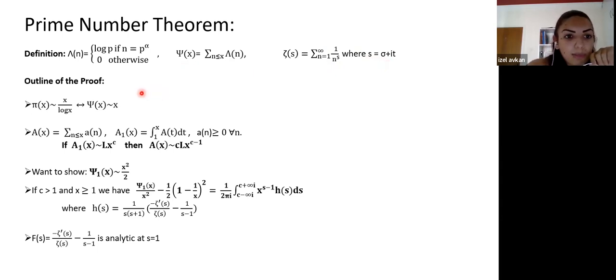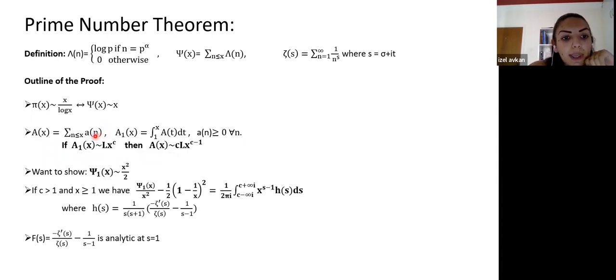And the outline of the proof starts with an equivalent form of the prime number theorem. As I said, today I'm going to show that the Chebyshev function is asymptotic to x to prove the prime number theorem. Here you can see an important lemma which states that the formal differentiation gives the correct result.